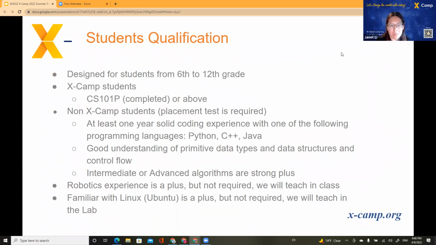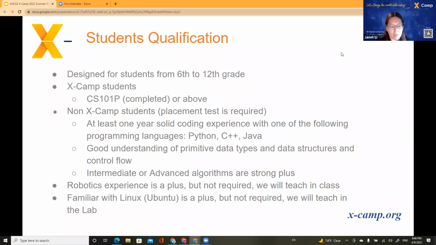And if you're XCamp students, it's recommended that you have finished CS 101. And for non-XCamp students, don't worry, this is also the right class for you. Welcome to the XCamp family. And we would recommend that a student have at least 1 year of solid coding experience. It can be in any language.